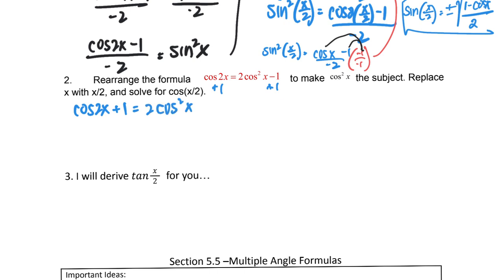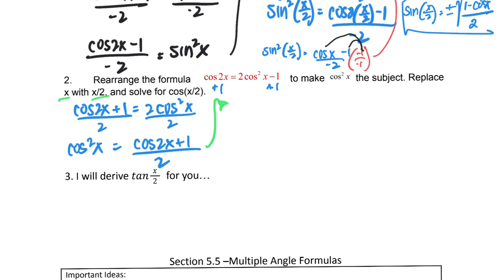2 cosine squared. And to get the cosine squared by itself, we can divide everything by 2. I'm going to rewrite it with the cosine squared on the left. Okay, and now it says replace x with x over 2. So I'm going to write that over here.